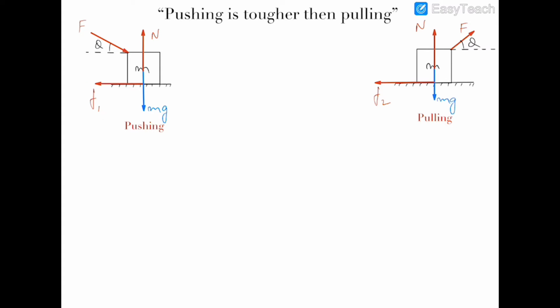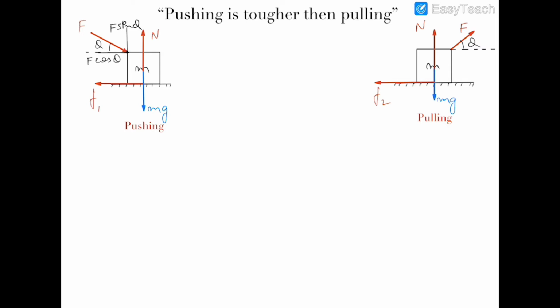Now if I calculate the value of friction, I first have to find the value of normal reaction. So I am resolving this force F into two components. This component will be F sine theta, and this horizontal component will be F cos theta.